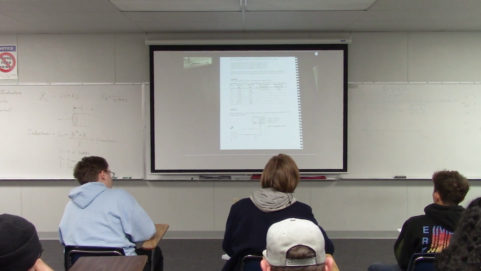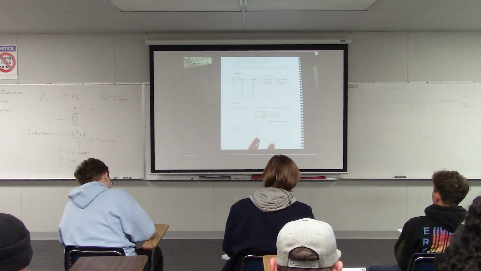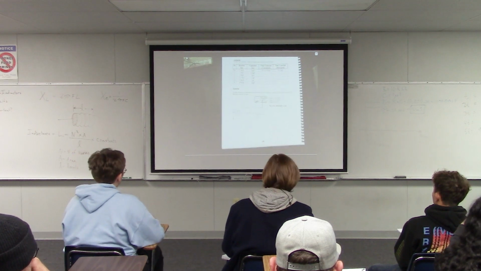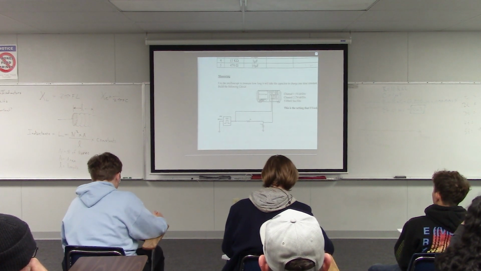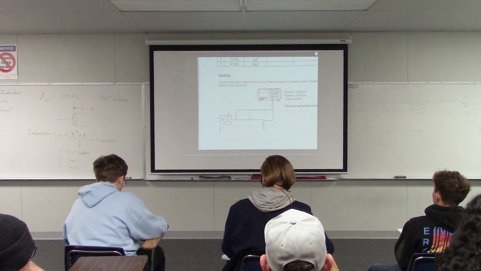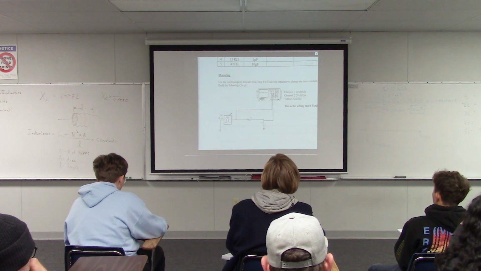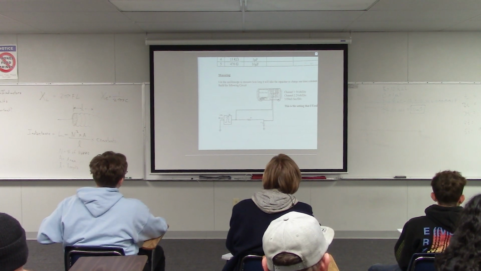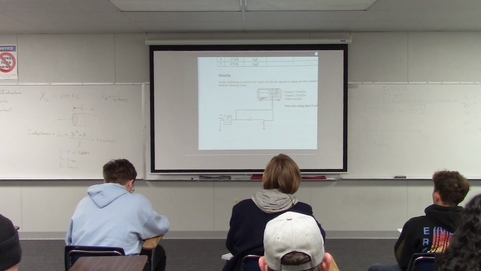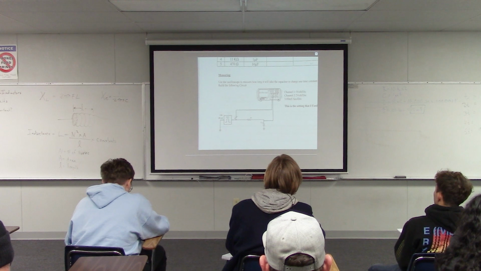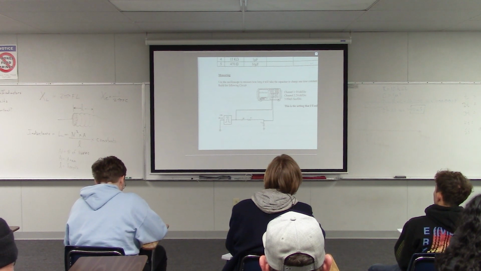So over here on the left, this represents our function generator. We're going to have a function generator that creates a square wave. The ground lead from that function generator is going to be hooked to ground, and then the positive lead is going to be hooked to this part of the circuit.